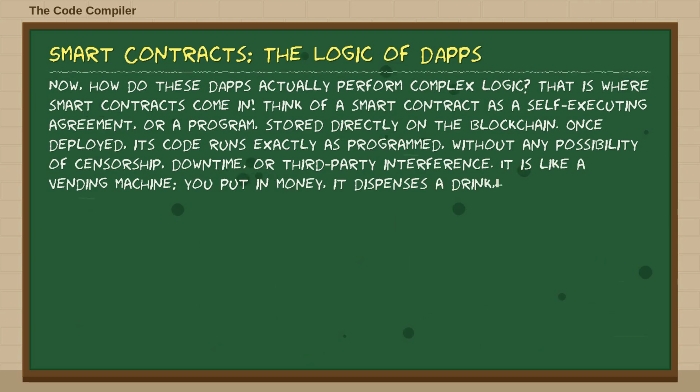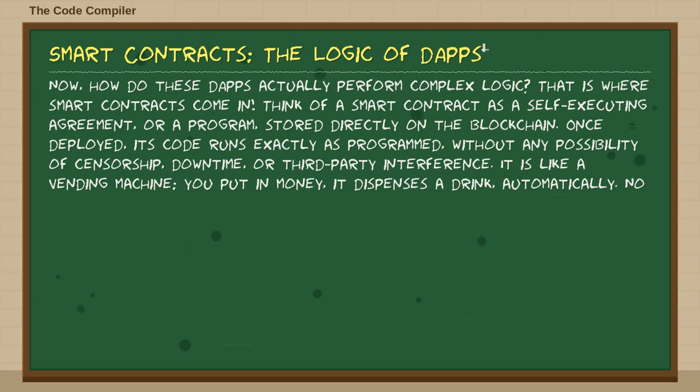It is like a vending machine. You put in money, it dispenses a drink automatically. No human intervention needed. These smart contracts are typically written in specialized languages like Solidity for the Ethereum blockchain.